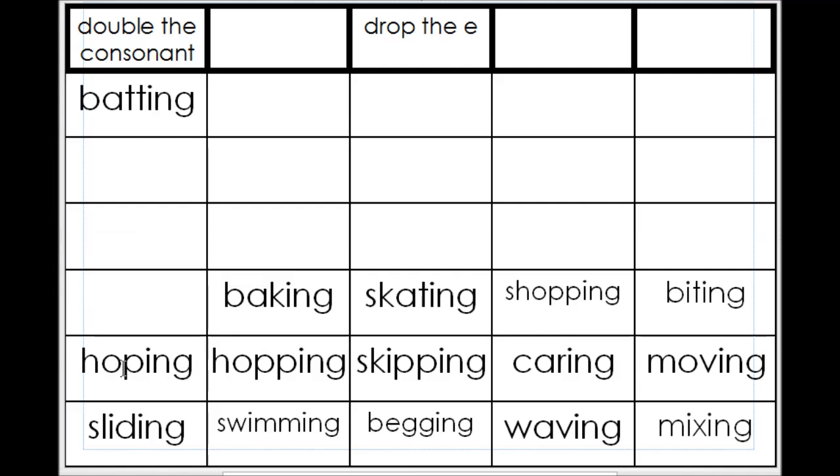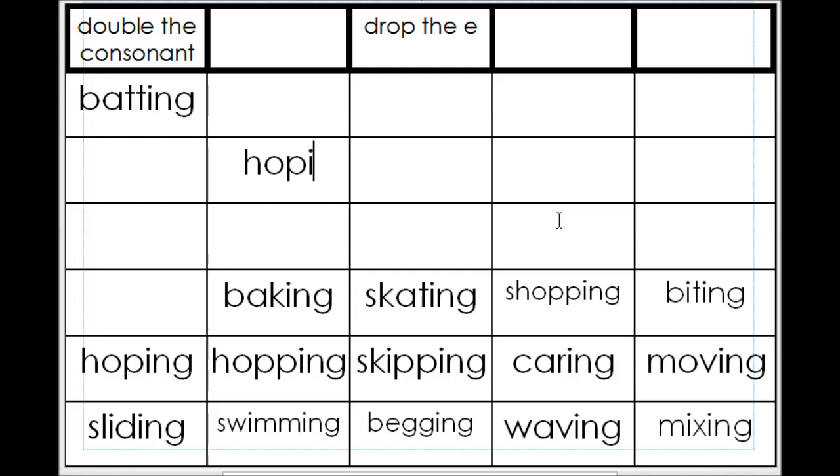Here, the next word is hoping. Let's spell the word hope. We would spell it H-O-P-E, hope. In order to make the word past tense, I was hoping, I am going to drop that magic E. I'm replacing it with the I, which helps the O continue to say its name.